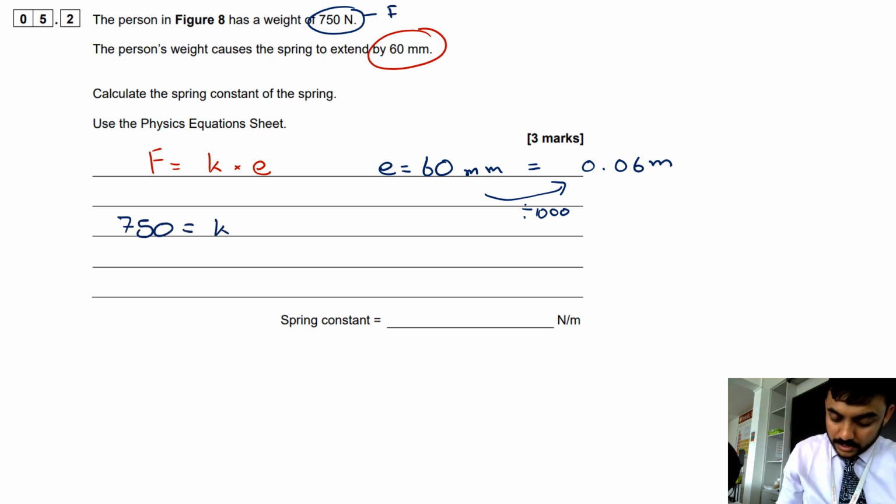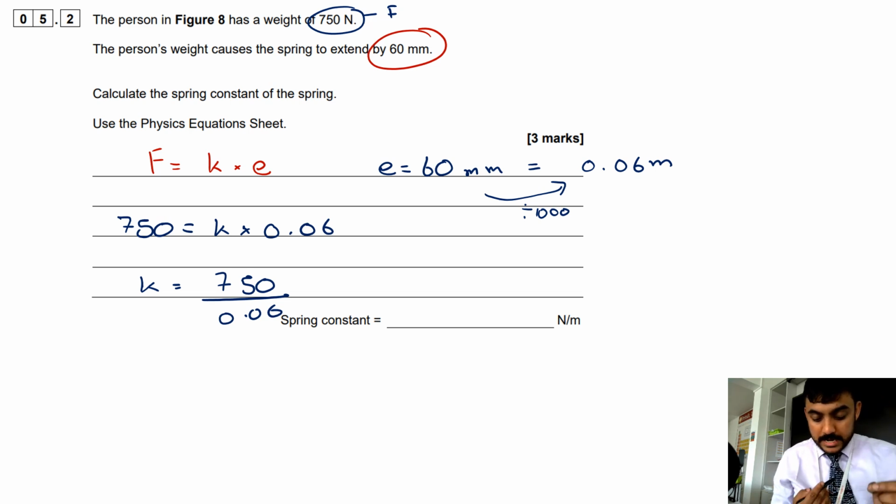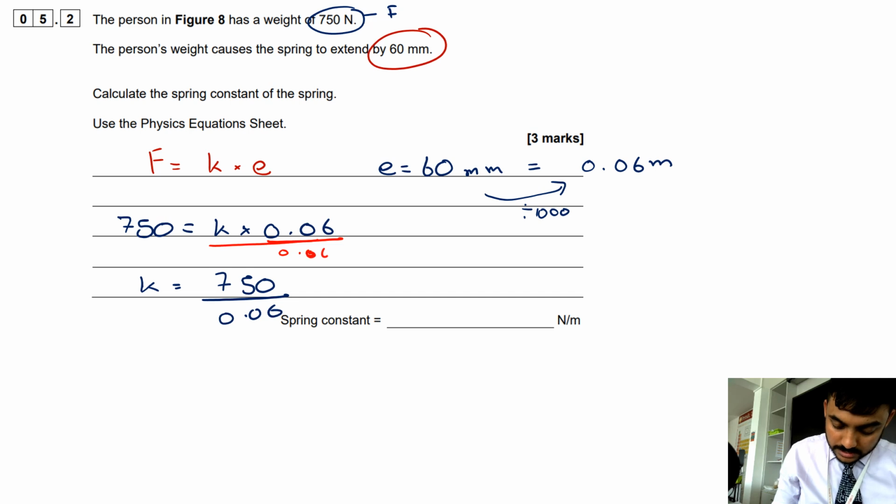So now that we know that, and we know that that is the force, we can do 750 is equal to spring constant times 0.06. Therefore, spring constant is equal to 750 divided by 0.06. Now, if you want to know how we got here, and I know everyone's doing higher, so it should be easy enough for you. You have to divide this side by 0.06 to get rid of it, to get k on its own, or we say to make k the subject of the equation, and that means those two things can cancel out.